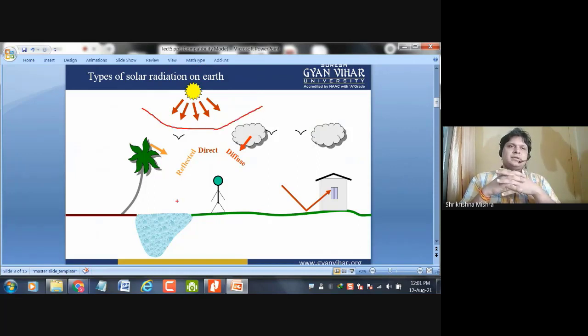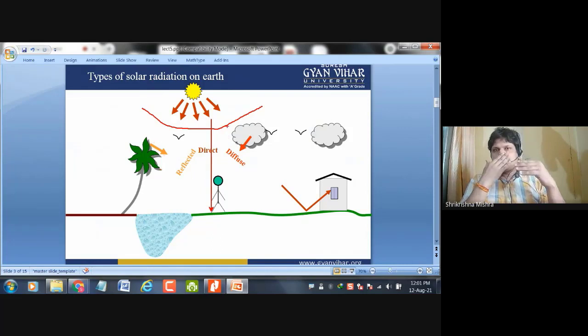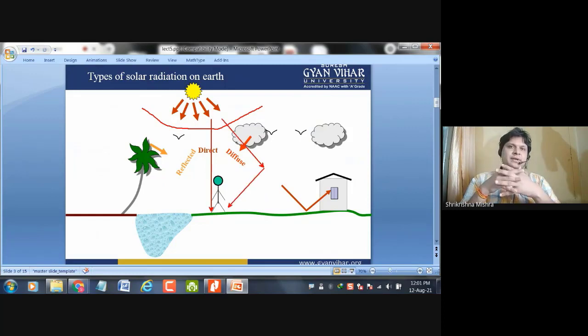So some of the radiations directly strike the Earth's surface, but some of them are reflected by the atmosphere, and some enter the Earth's surface after getting diffused, after getting reflected by the particles available in the atmosphere.